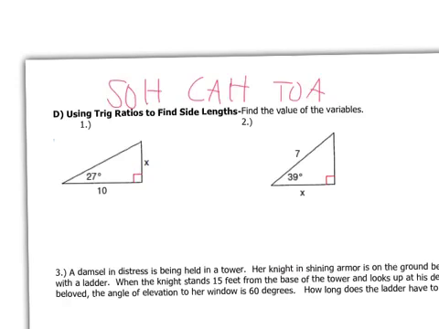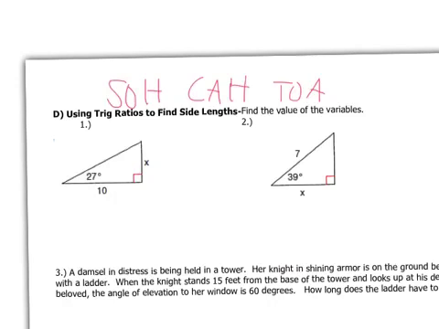So how can we use these trig ratios to find side lengths? A couple of things that I want you to notice first. The first thing is that angle measure. This acute angle is 27 degrees, which means it is not a special right triangle.